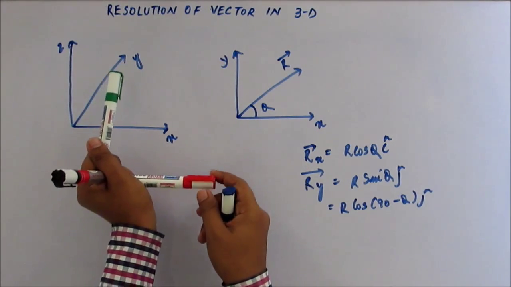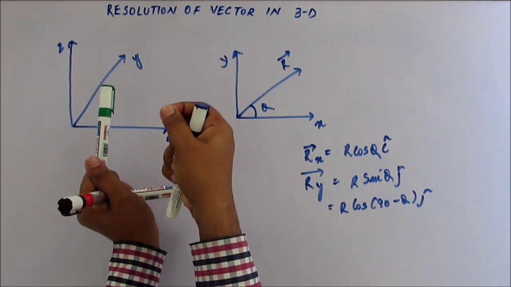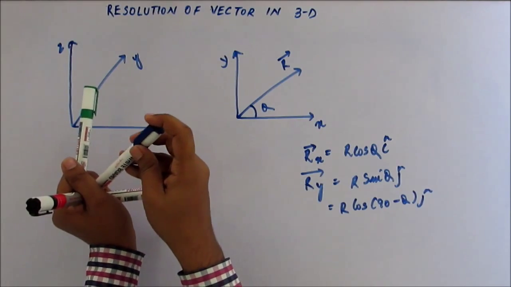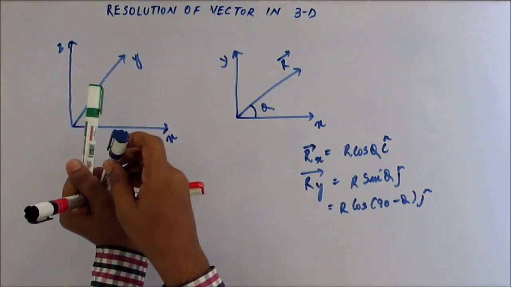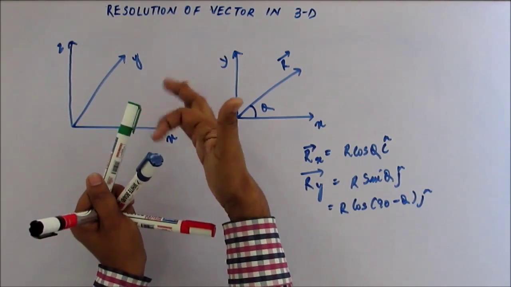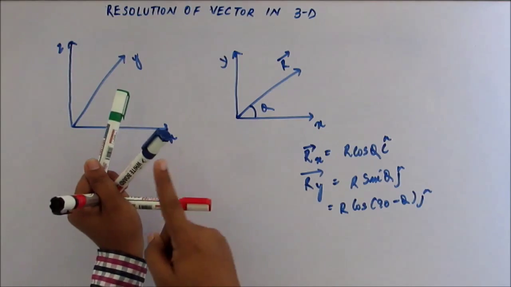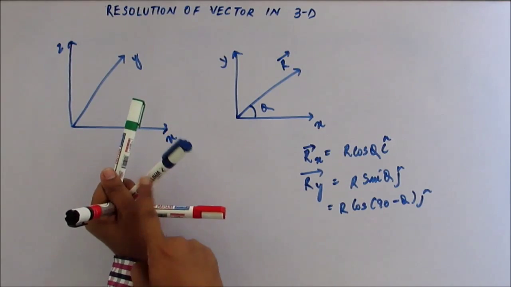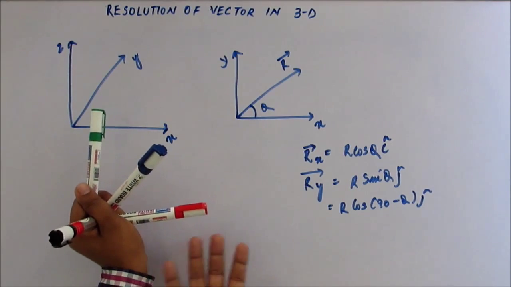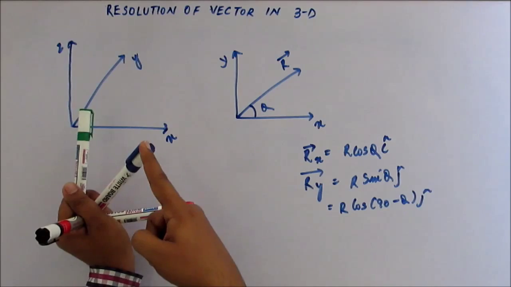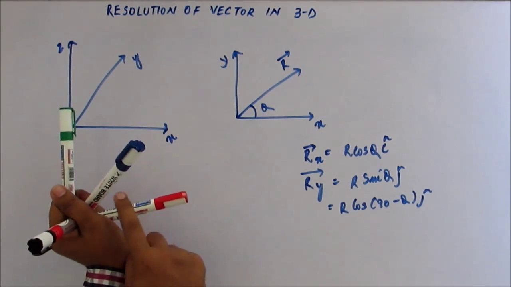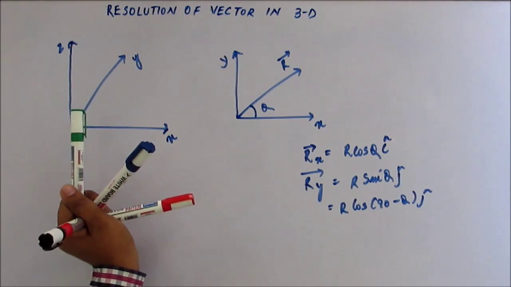If we have three axes like this, and we have a point here, and if we have the luxury of knowing the angle between this vector and x-axis, the angle between this vector and y-axis, and the angle between this vector and z-axis, then the approach is straightforward. The component of this vector along x-axis will be magnitude of vector times cos alpha, if alpha is the angle between vector and x-axis.